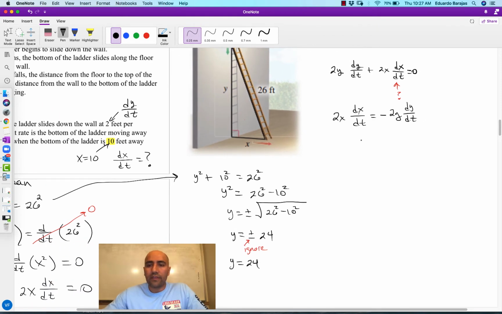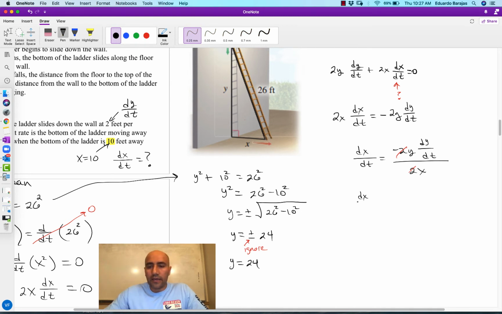Now if we divide everything by 2x, we'll get that dx/dt is equal to negative 2y dy/dt divided by 2x. So now, of course, the 2's can reduce.